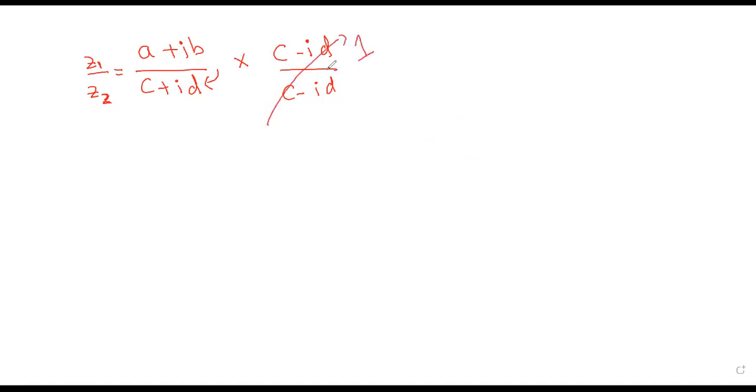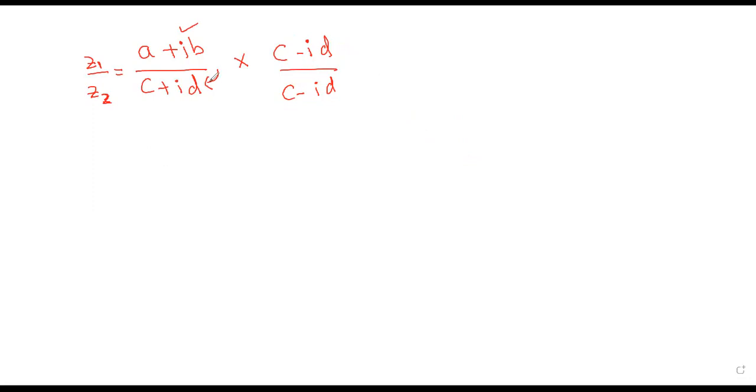This is why I can multiply this fraction with this fraction, because I'm multiplying 1 with this fraction. It is mathematically correct. I can multiply any fraction in any equation if its numerator and denominator are the same. So are you clear till here? Yes.